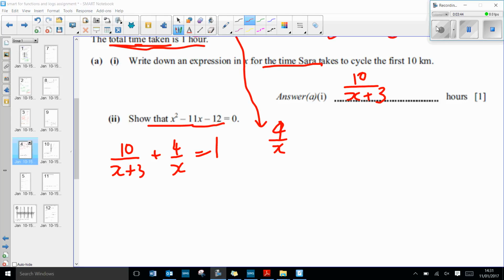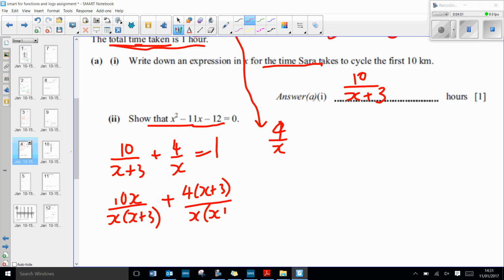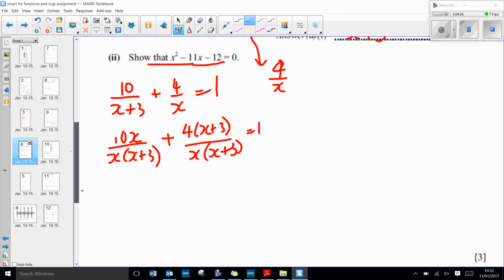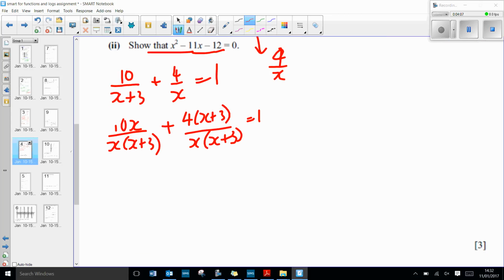Alright, joining algebraic fractions, we need the same denominator, so this would become 10x over x plus 3, and 4 times x plus 3 over x plus 3. So we would then join our denominators and our numerators, so 10x plus 4x plus 12.